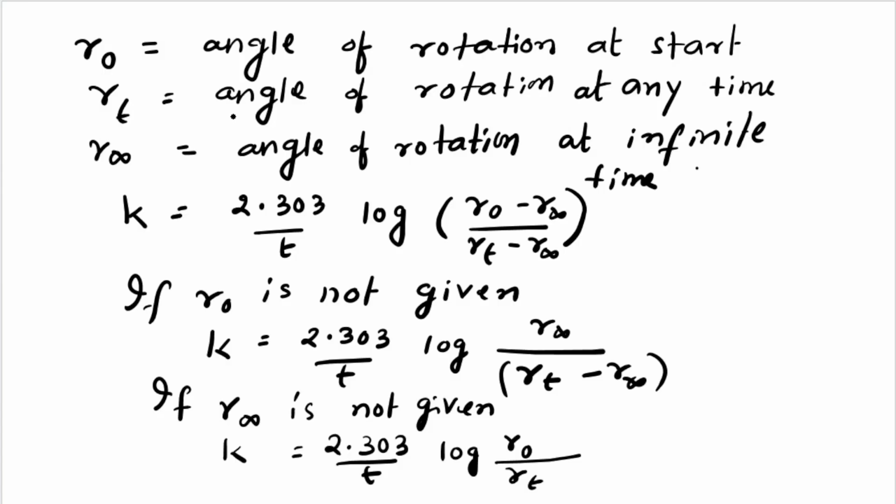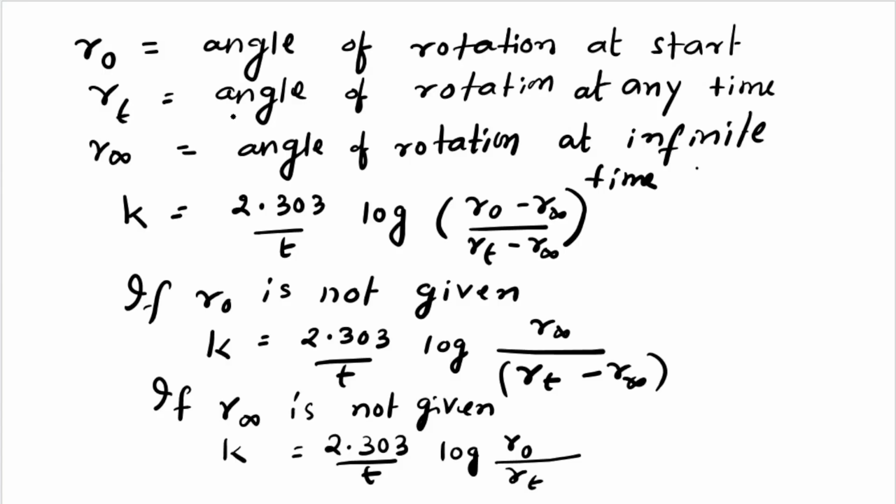R∞ is the angle of rotation at infinite time. You should know R0, Rt, R∞. I hope it is clear: infinity means infinite time, t means any time, 0 means at the start.